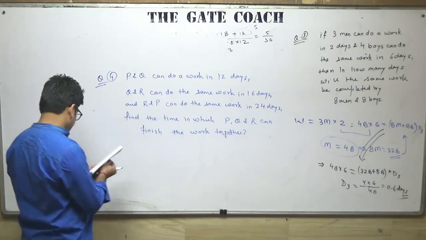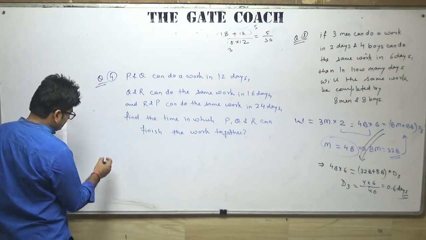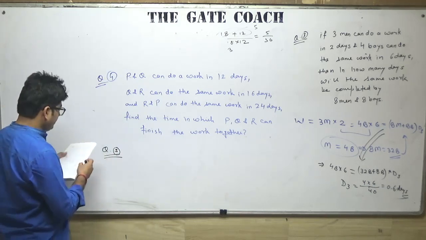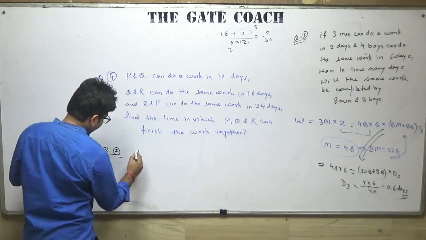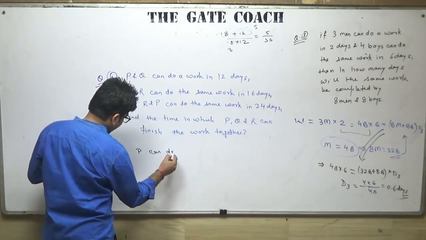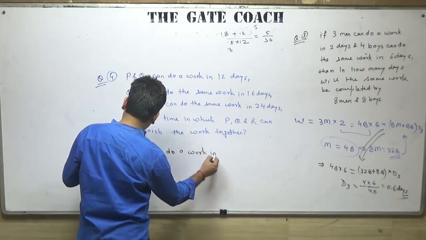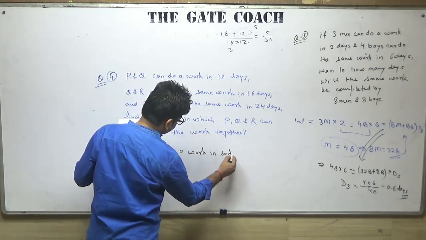क्या पागलपन है भाई साहब. And one more numerical I am writing. P can do a work in 30 days.